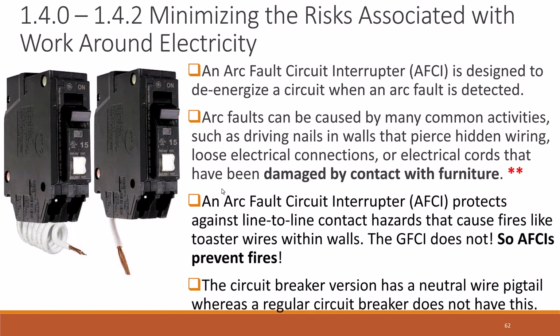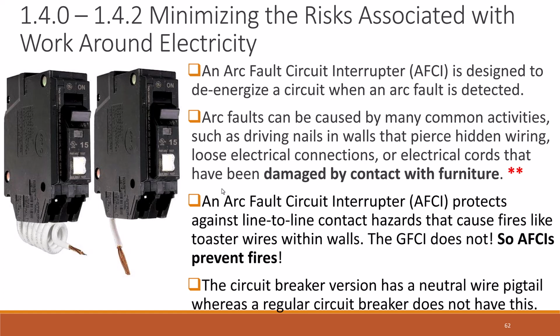There's also something called an AFCI, and these are typically circuit breakers. You can have GFCIs that are circuit breakers also, but the AFCIs are distinguishable by that white neutral wire. You normally don't see white wires associated with circuit breakers, but with the AFCI circuit breakers you will, because they have to have a neutral wire to be hooked up properly to work.